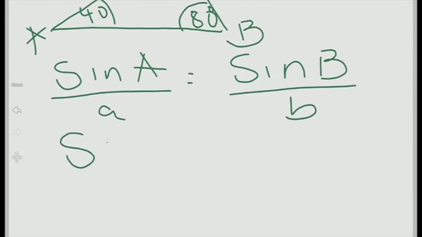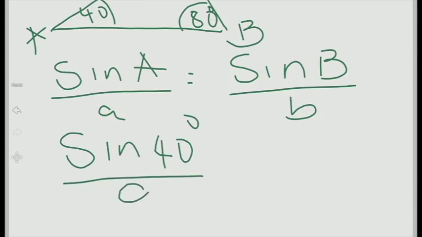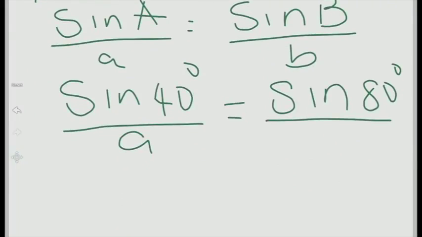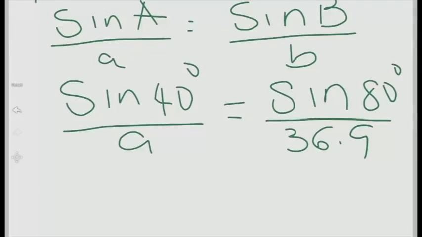So we're going to have sine of 40 degrees over a, which we don't know, equals the sine of 80 degrees over 36.9. Now we make a the subject of the formula. We can multiply by a on both sides, calculate this, and then divide by the sine 40.